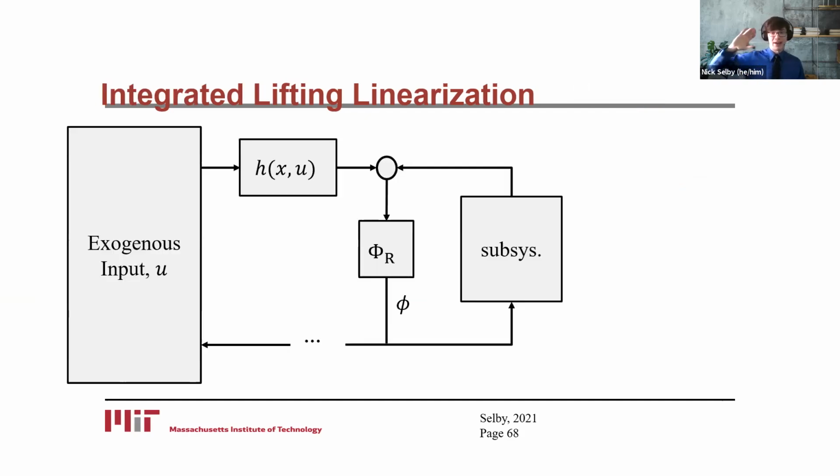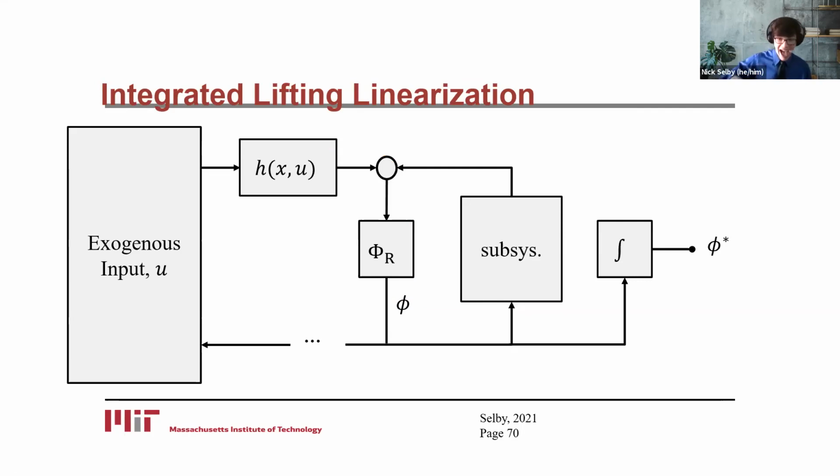So let's say that we have a super general dynamical system with a resistive element whose auxiliary variable is contaminated by an exogenous input. And instead of lifting the system dynamics using this auxiliary variable, I'm instead going to synthetically measure its integral and then use that to lift the model instead.